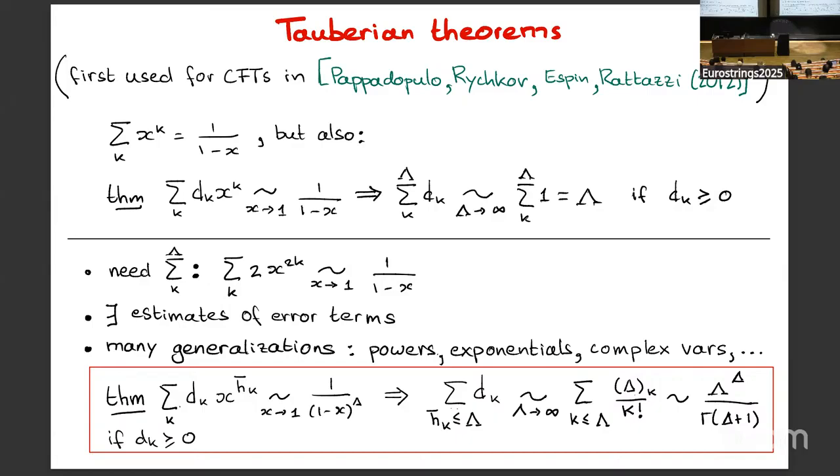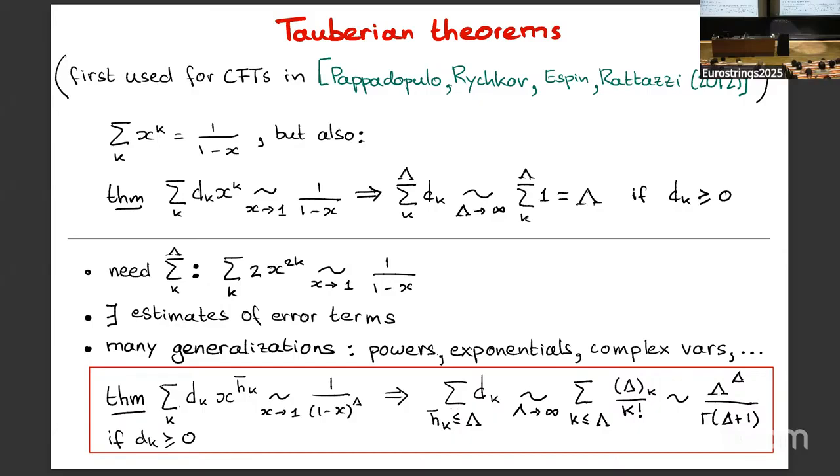So it's important that you don't just get the asymptotic behavior of the coefficients. You only get the average of the coefficients. I should also say that there exist estimates of the error terms. There are many, many generalizations. You can have more general power. You can have exponential growth as x goes to 1. You can say, well, what if this limit holds not just along the real axis, but along any segment in the complex plane, or whatever?